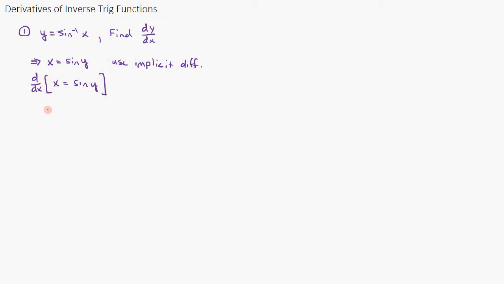The derivative of x is equal to 1. Derivative of sine is cosine. Then we have to use the chain rule because we're applying implicit differentiation, so the derivative of y with respect to x would be dy/dx.